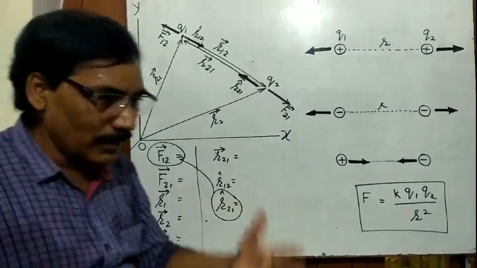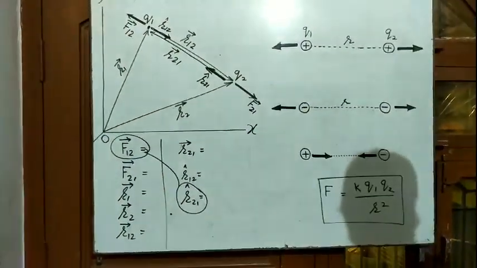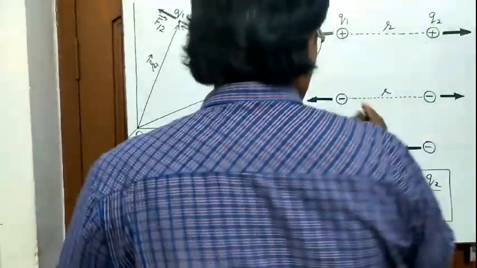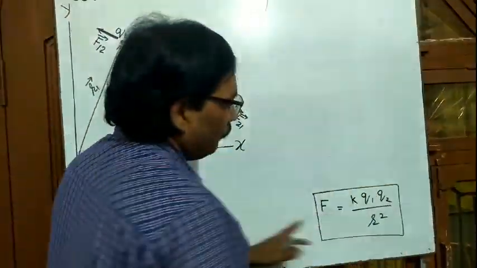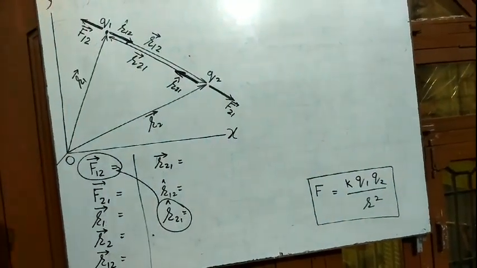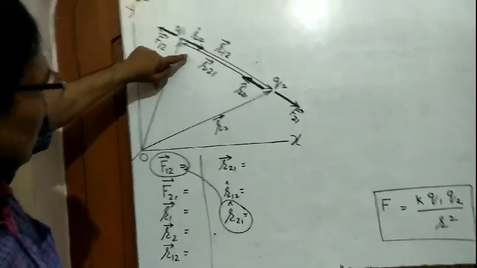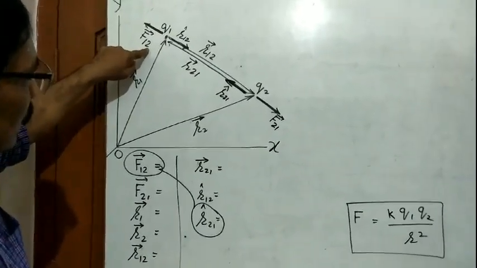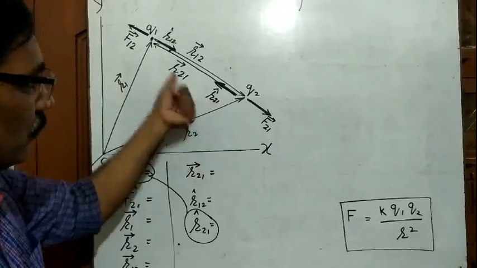Now, how can we write the formula in the vector form? The magnitude will be the same. We will just write it with the help of these unit vectors, and that will give the direction. The direction of force F12 is in the direction of unit vector R21.